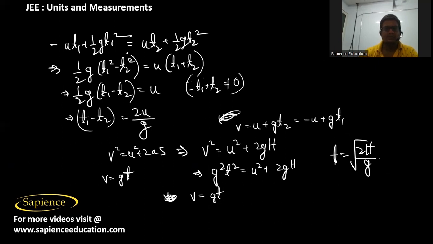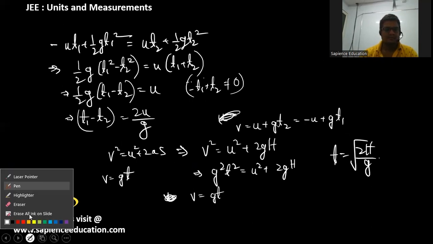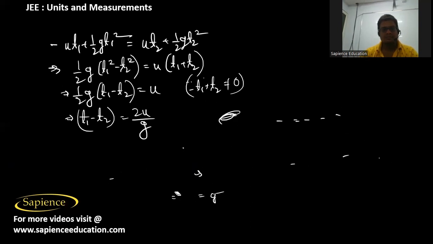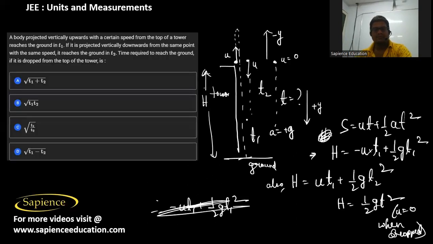And as you can see, when it reaches the highest point, its velocity will be 0.